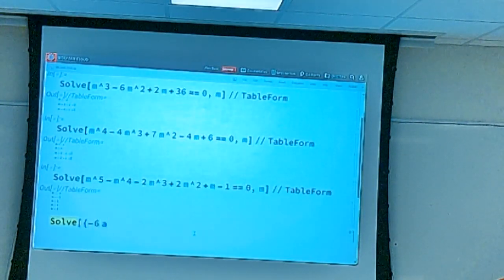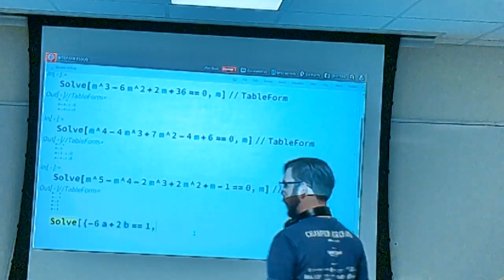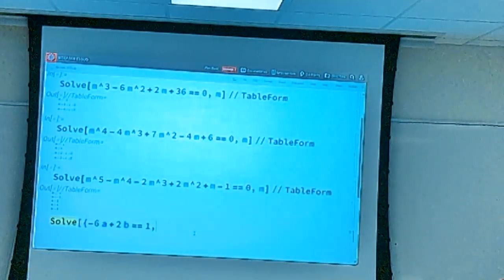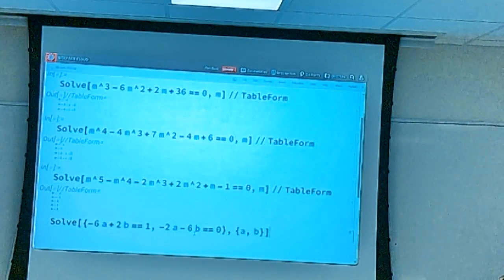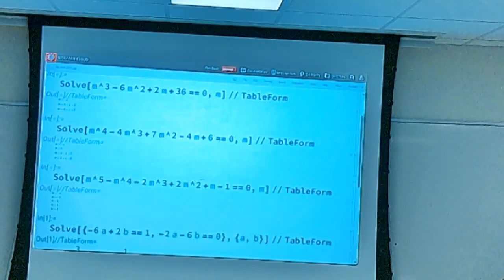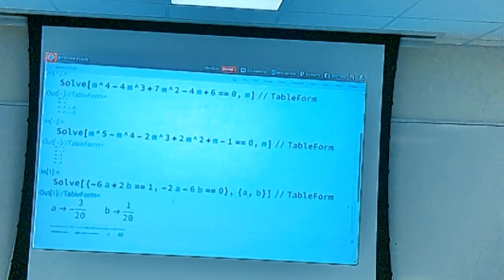And I'm not going to use capital letters, I'll use the lowercase. Comma, second equation. And the braces. And I'm solving for A and B. And again, let me do it in table form. And there's your answer.